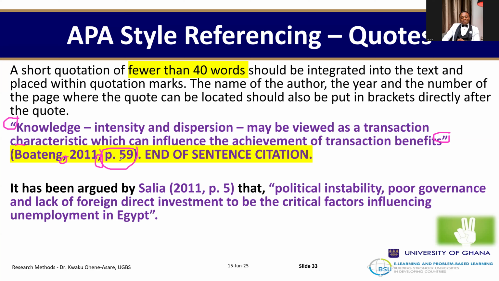You have to bring P for the page, and then indicate the page number. It's very important you learn this quotation. And like we said, these words should not be more than 40 words. Next one. It has been argued by Salia, page number 5, has been instituted.